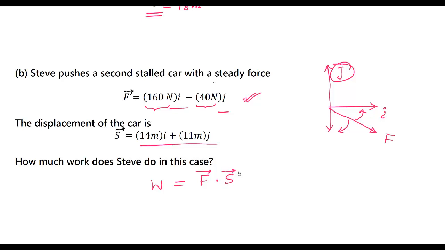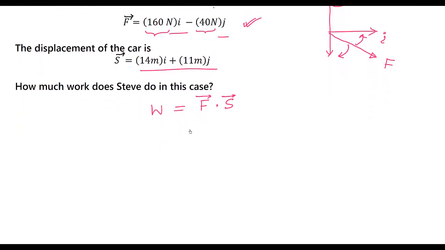Now in this case, we will simply use dot product. So we are not going to write F into S into cos phi. What we will do is, we will put the vector form of force and the vector form of displacement, and we will take the dot product. Now force is how much? This quantity is force, that is 160 Newton i minus 40 Newton j.